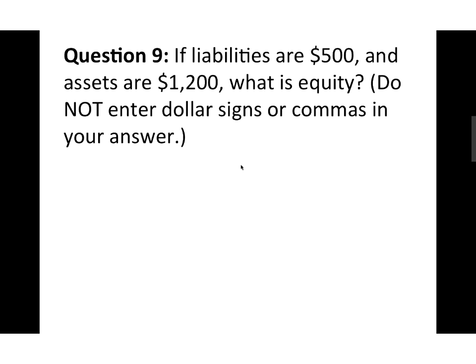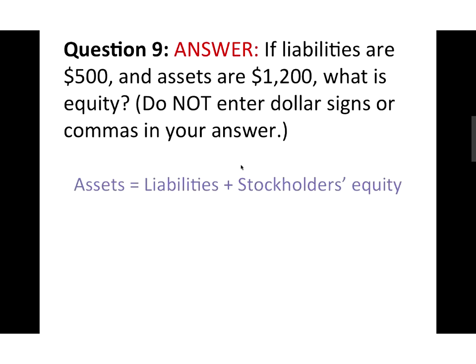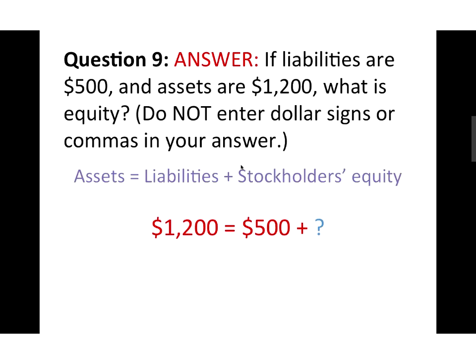Now, as you're going, we have liabilities 500, assets 1,200. Your accounting equation is assets equal liabilities plus stockholders' equity. So what you're given is assets and liabilities, so then you have to solve for stockholders' equity.